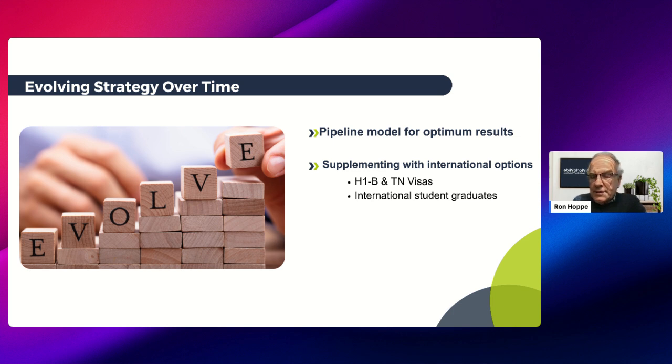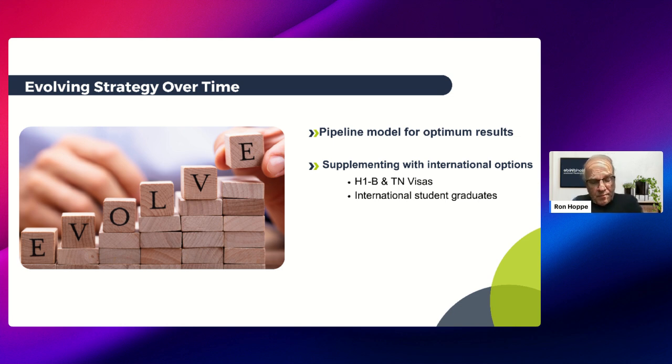The great news is nurses that arrive in this visa status have a visa that never expires and never needs to be renewed, provided they maintain a very basic residency requirement here in the US.